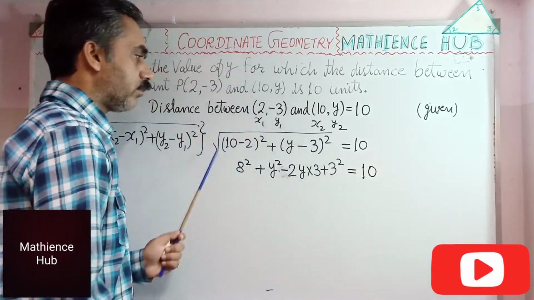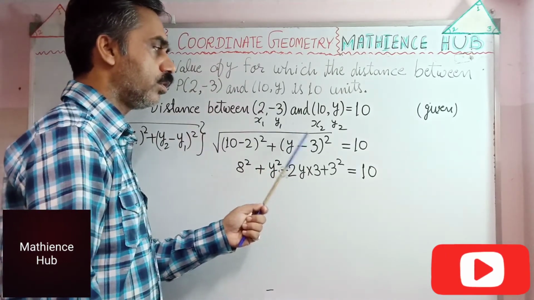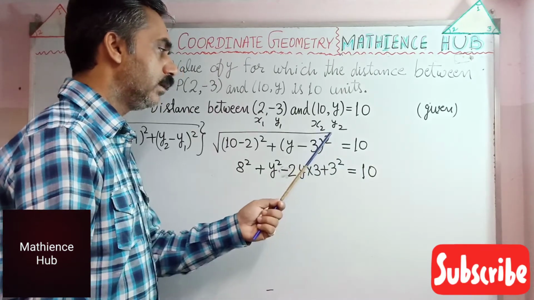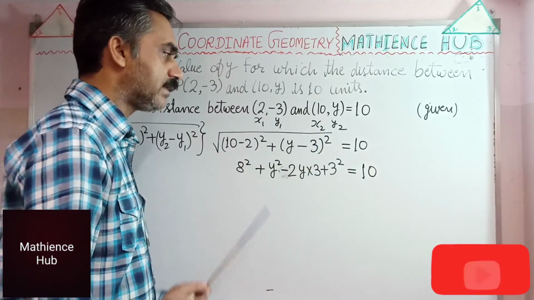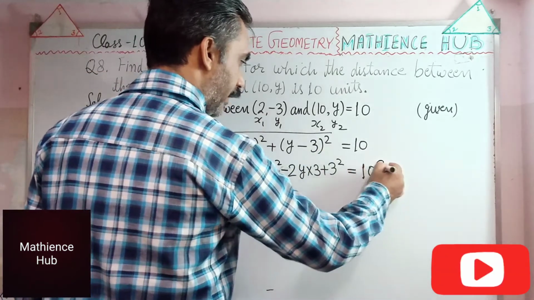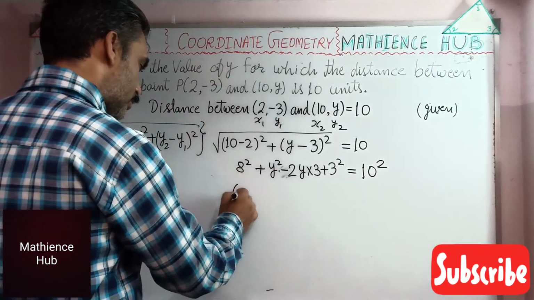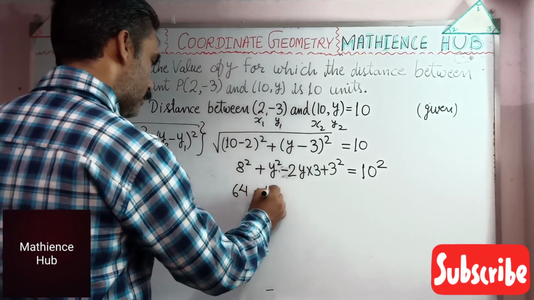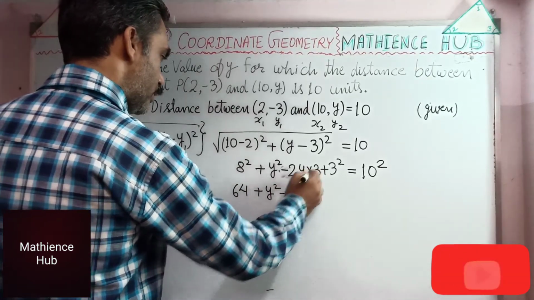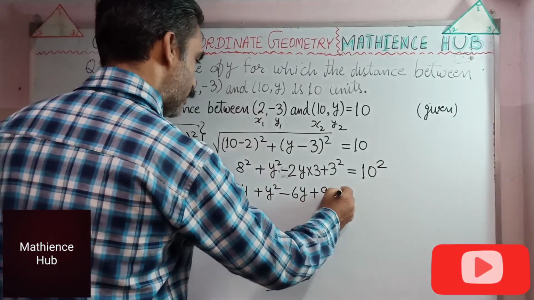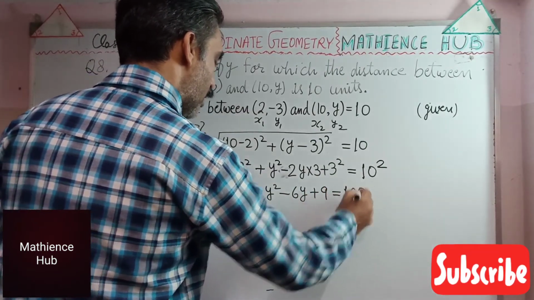We remove the square root, so squaring both the sides. When we square both the sides, the square root is removed from the left hand side and the right hand side is squared. 8 square is 64 plus y square, 2 threes are 6y, minus 6y, plus 3 square is 9, 10 square is 100.